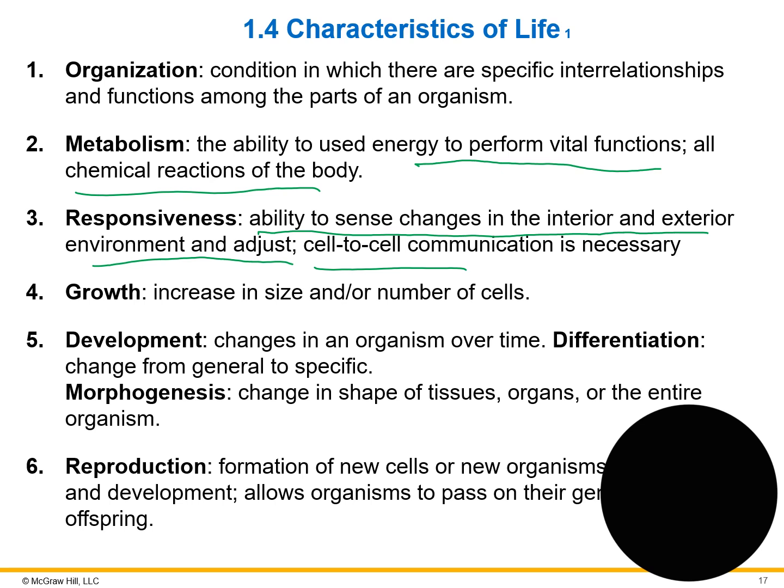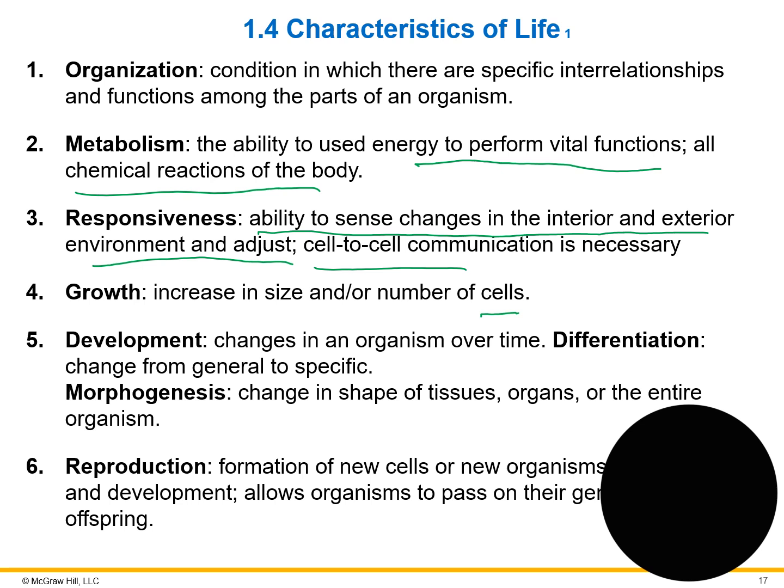So it's always responding to the environment. Growth is another characteristic of living things. You can think about it: at one point we were a cell, then we grew and became a beautiful adult taking this course, right?